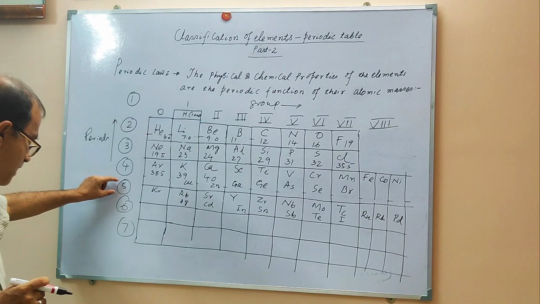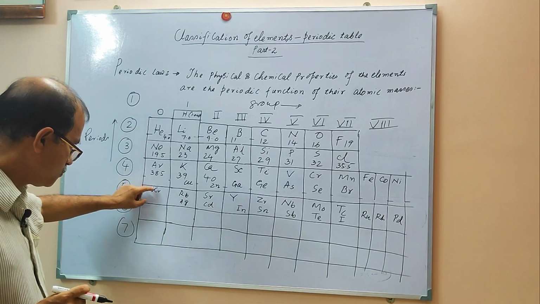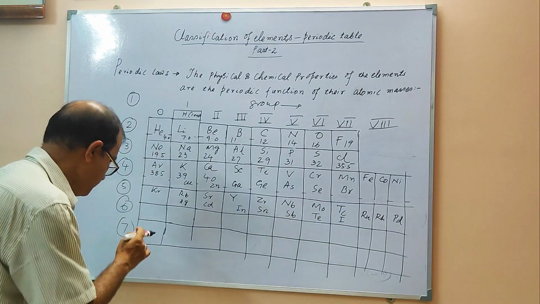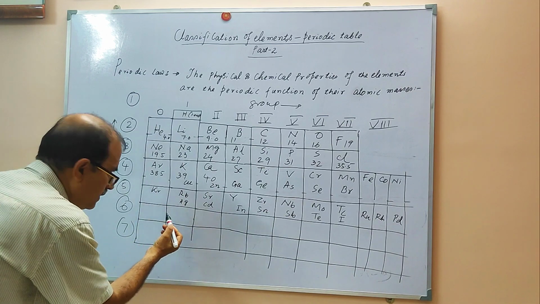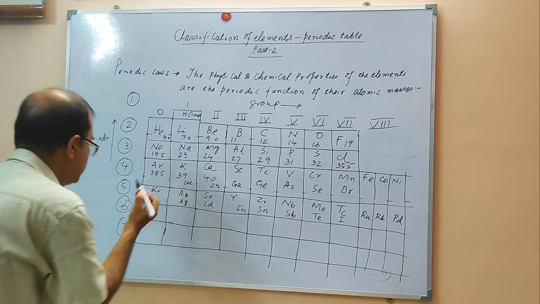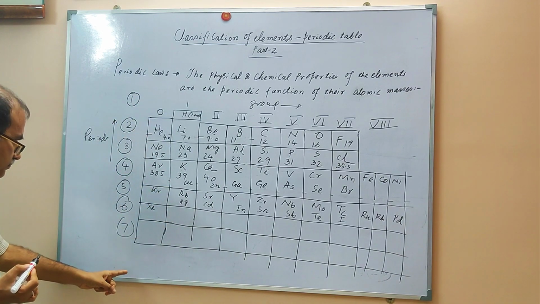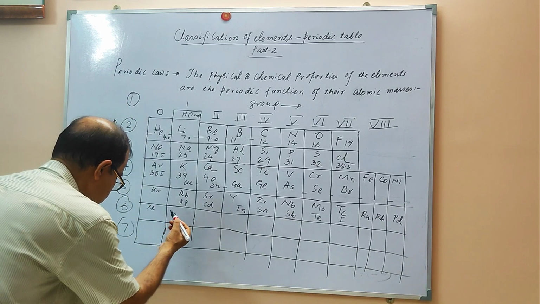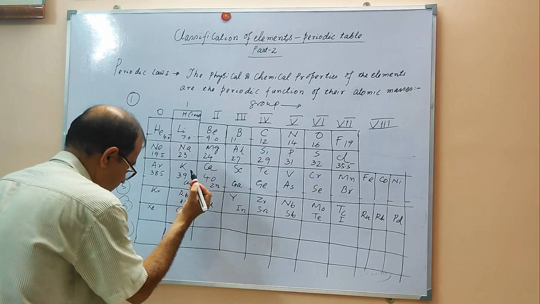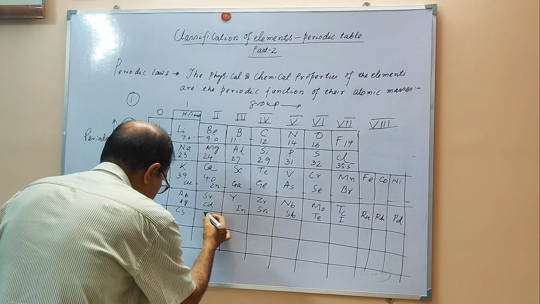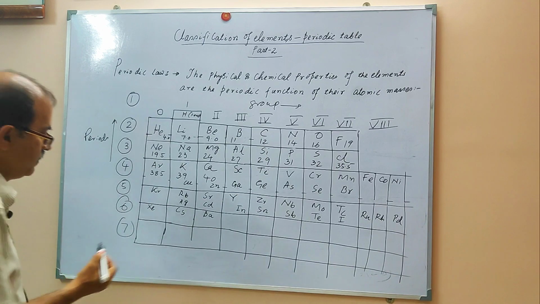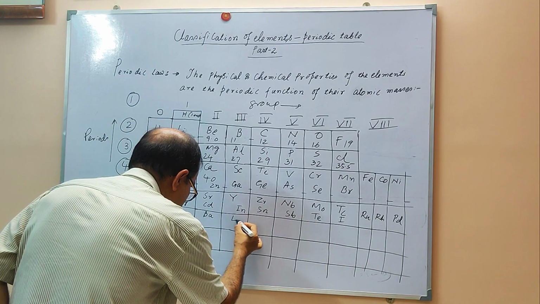So you can see that in every period there are 2 rows of elements. Then the next, sixth period, starts with xenon. In the 0 group all are noble gases. Xenon, then cesium. The next element after cesium is barium. After barium, lanthanum.